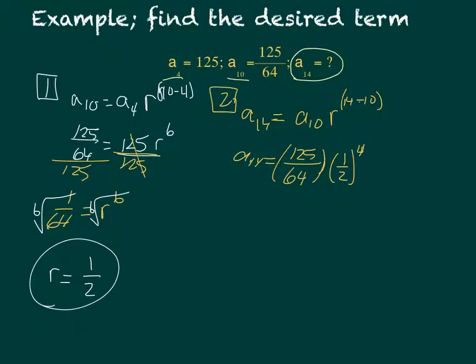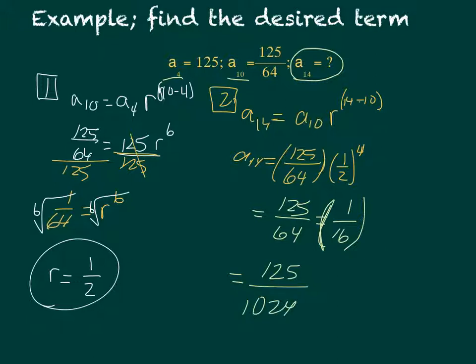So now if I put that in to simplify, I'm going to have 125 over 64 times 1/2 to the 4th power, which is actually 1 over 16. Just multiply straight across, and I would get 125 over 64 times 16, which is 1024. So that is my a sub 14. And that's your final answer.